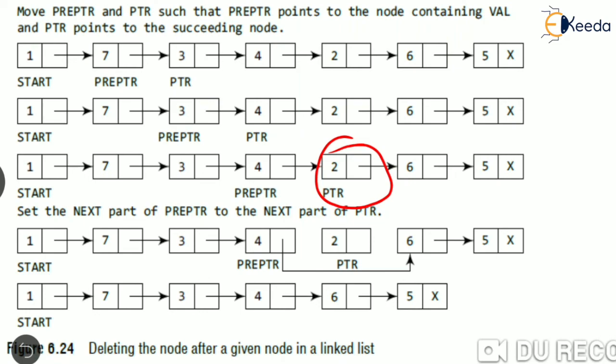Here we are pointing the next of 4 to the next node, that is 6, the next node of the pointer we are pointing to. The next part of the pointer is 2, and the next part of 2 is 6. So it directly points to 6 and 2 is deleted.